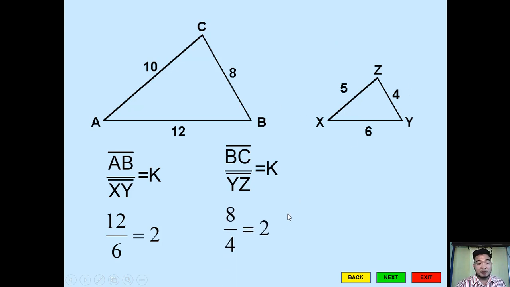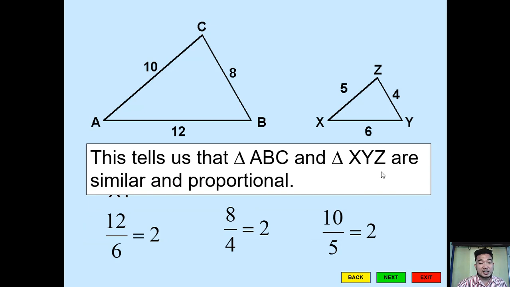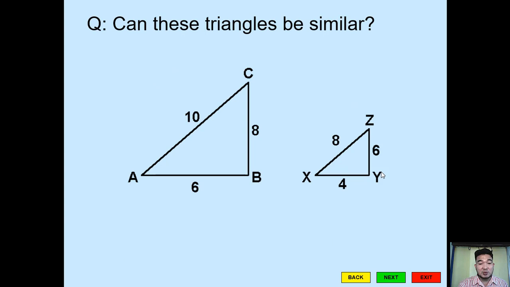So you will have 8 over 4, which is 2, so K is equal to 2. And then AC over XZ is equal to K, so K is equal to 2 also. So these tell us that triangle ABC and triangle XYZ are similar and proportional, because they have the common proportion, which is 2.